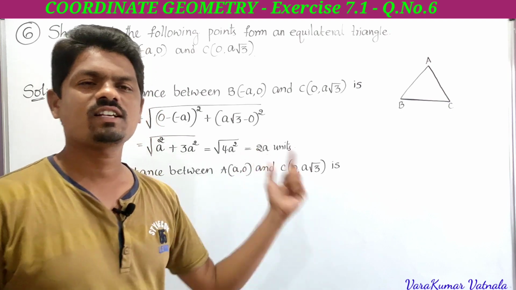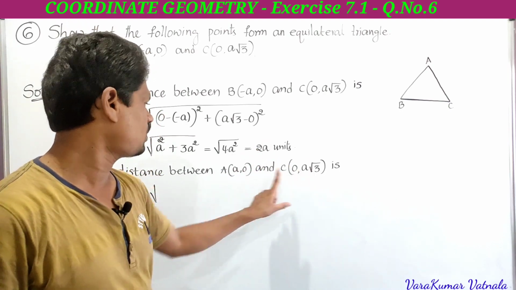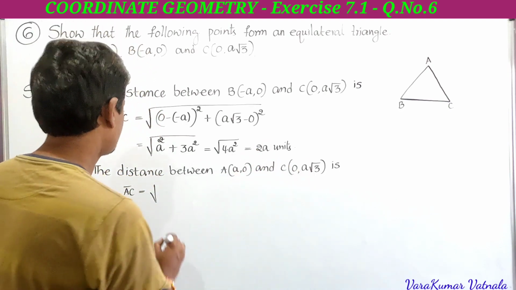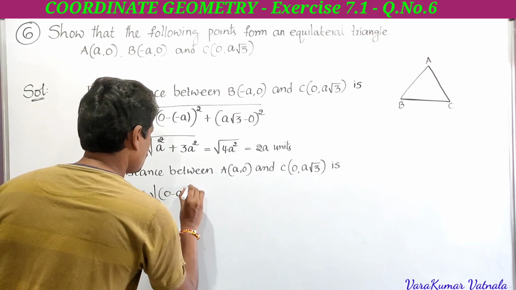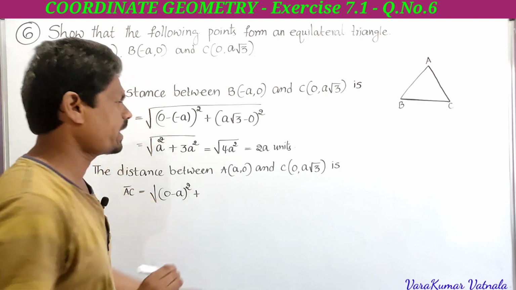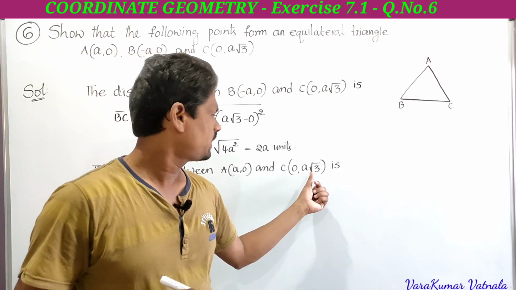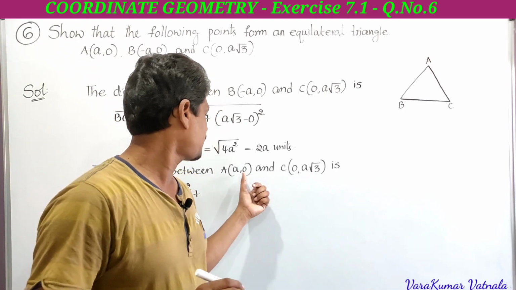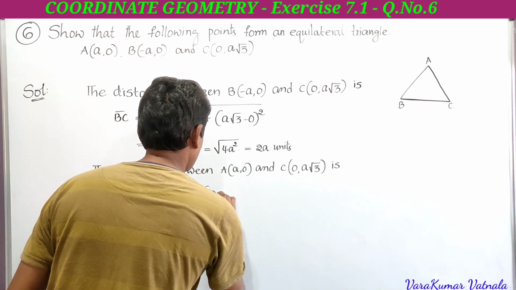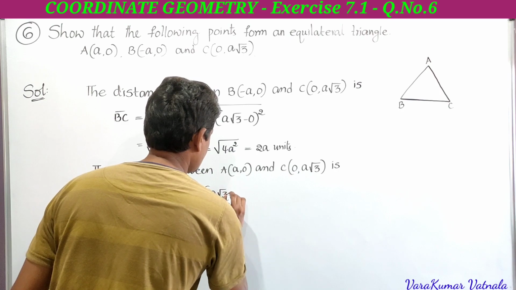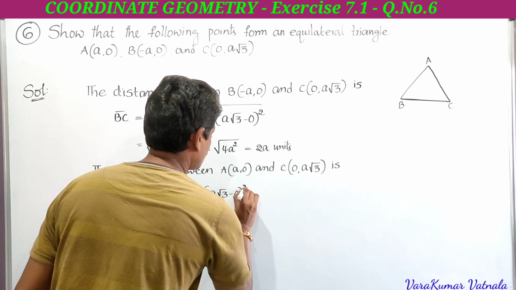So x2 minus x1 whole square, x2 is 0, x1 is a, so 0 minus a whole square, plus y2 minus y1 whole square. Here y2 is a root 3 minus y1 is 0. A root 3 minus 0 whole square.